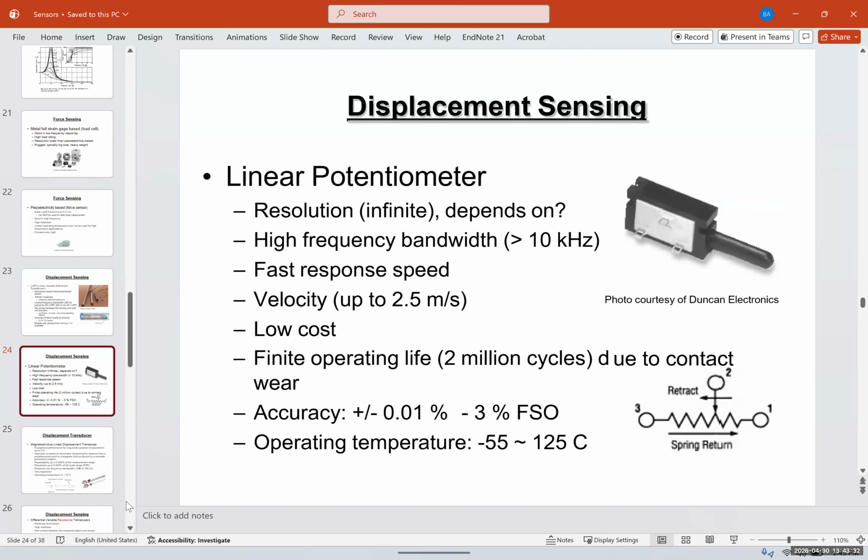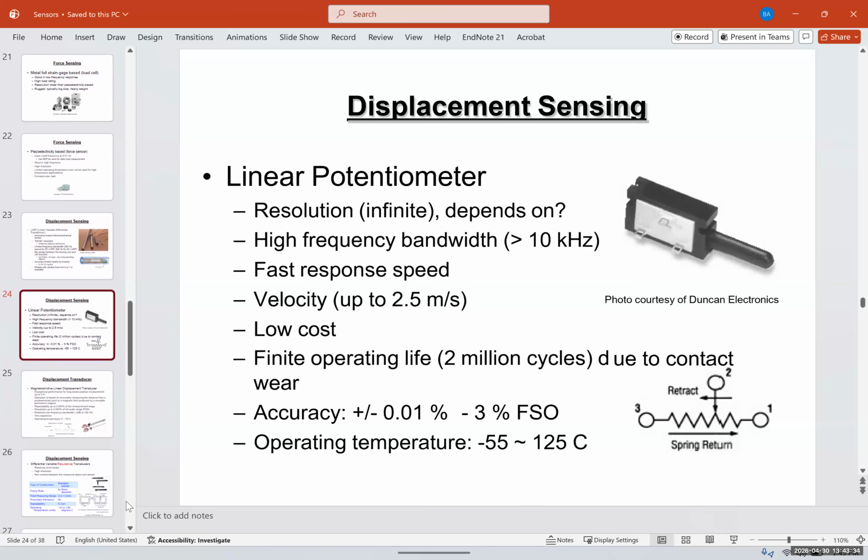And a different type of these displacement sensors are linear potentiometers. And the resolution, again, is infinite. It depends on the steps and the difference between the resistances and how big we can build this resistor. They have high frequency bandwidth above 10 kilohertz.